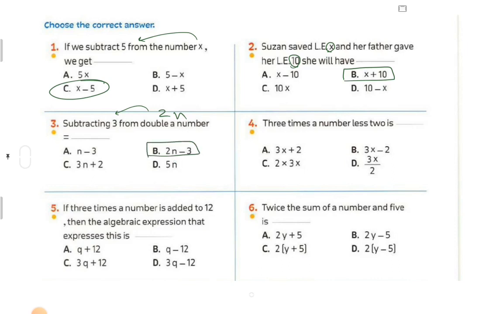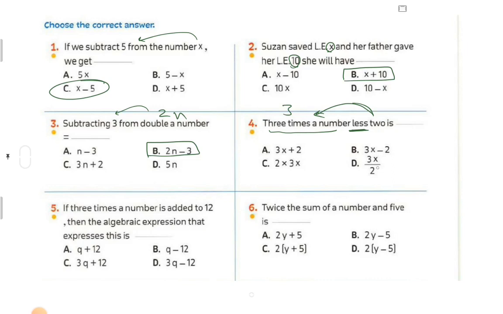2n minus 3. Next: 3 times a number less 2. Not that one, because it's 2 minus 3 times a number.